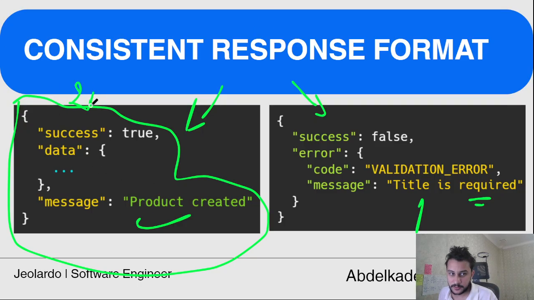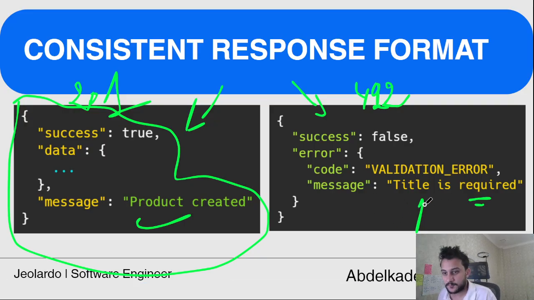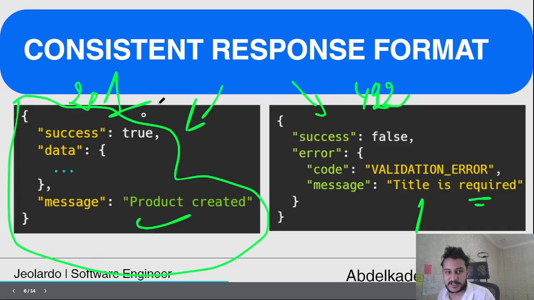For example, here 201 means a new item was created, and here the title is required. The status code is 422, which means the JSON or the request is well formatted but is missing something or some attribute. So this is for consistency.